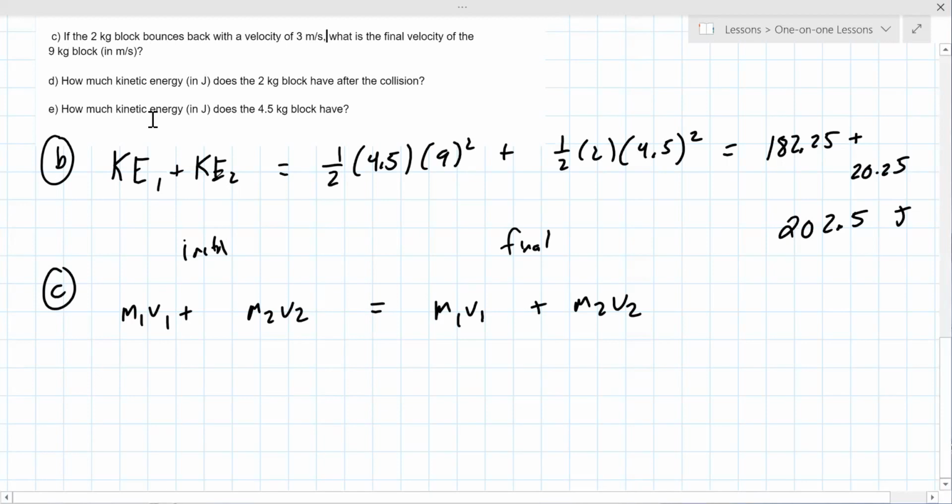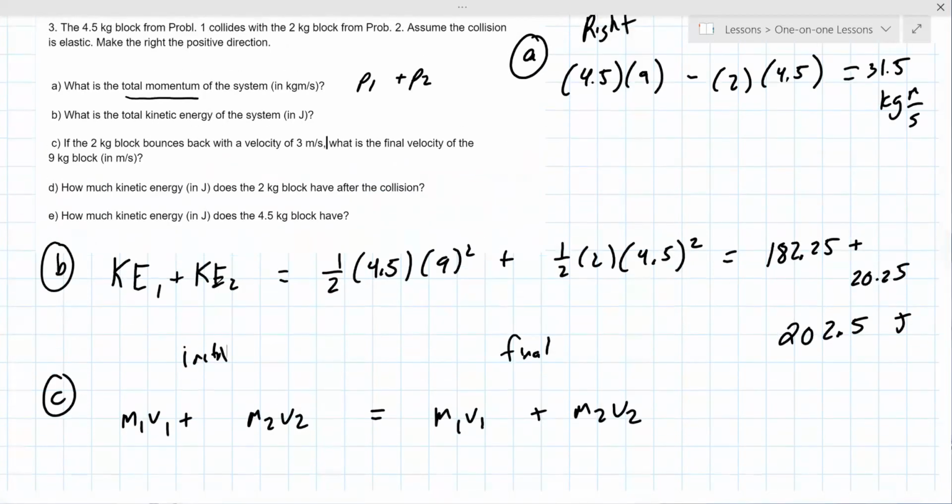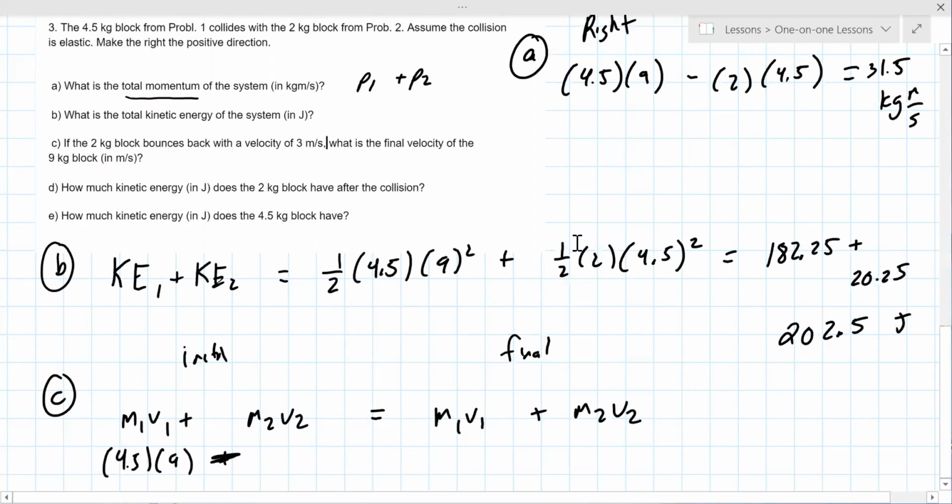Sorry, I have to get the numbers again from the equation. So we got 4.5 times 9 plus, actually this one's minus 2 times 4.5. The mass of the first box does not change, and here's its final velocity. The mass of the second box does not change, but it now bounces back with a velocity of 3. So back means it's going to the right.